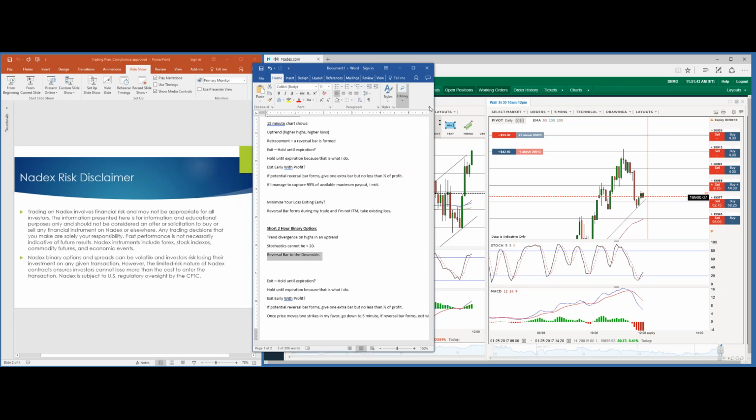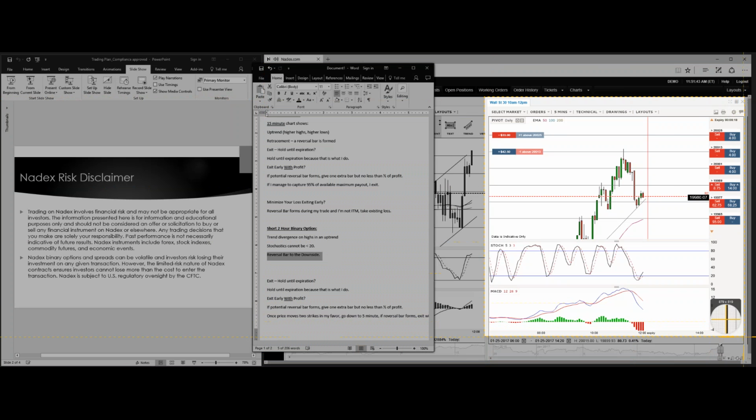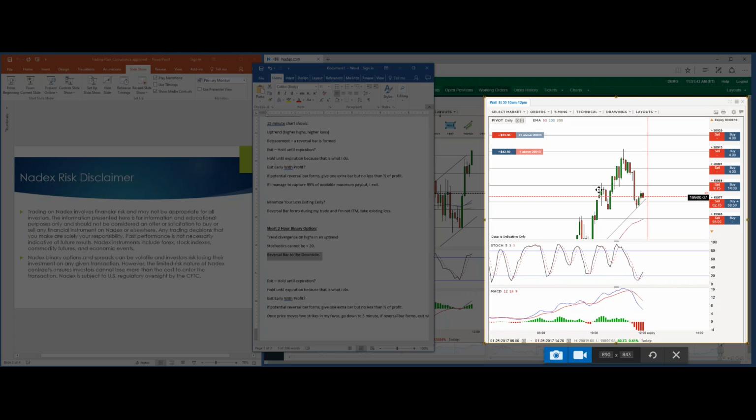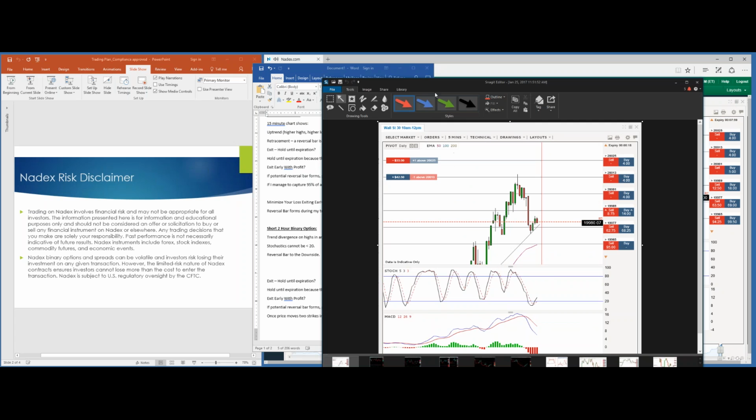Every time I take a trade, I do a snapshot. This is my snapshot. On this snapshot, I'm going to put an arrow right here. This is my entry point. I think we entered on that bar.